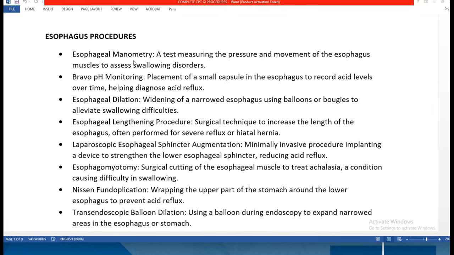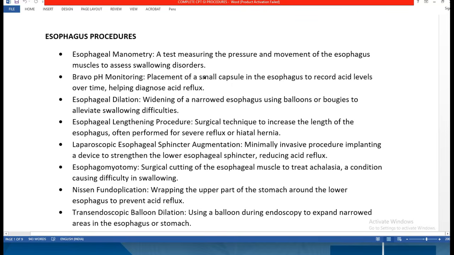So, esophageal manometry, a test measuring the pressure and movement of the esophagus muscles to assess swallowing disorders. Wherever you see esophageal manometry, basically the patient will undergo it in order to measure the muscle in the esophagus. So next one is Bravo pH monitoring.